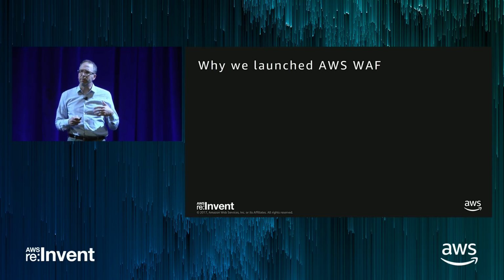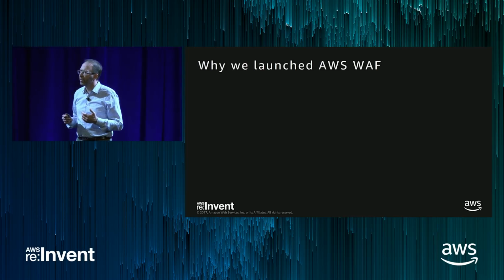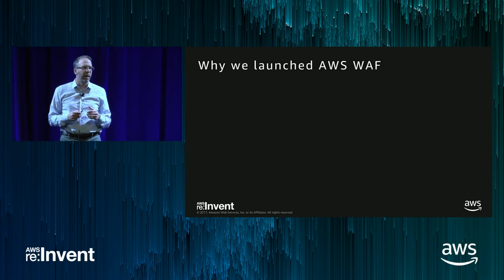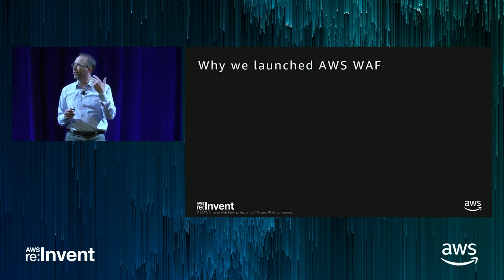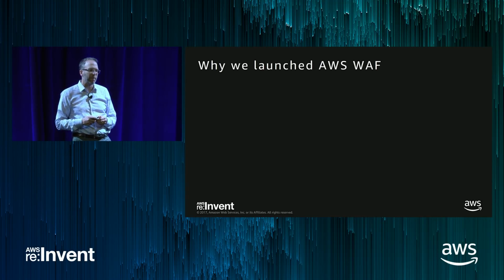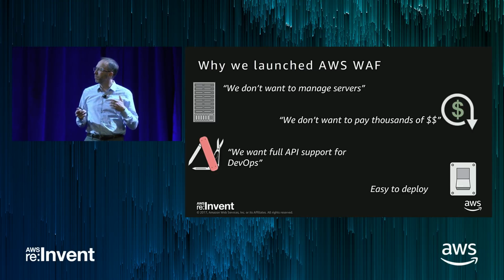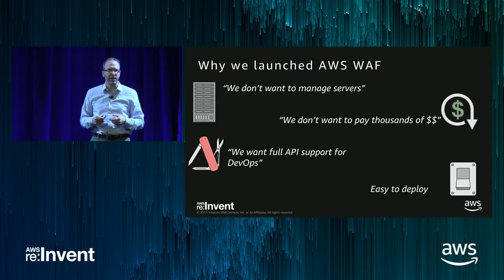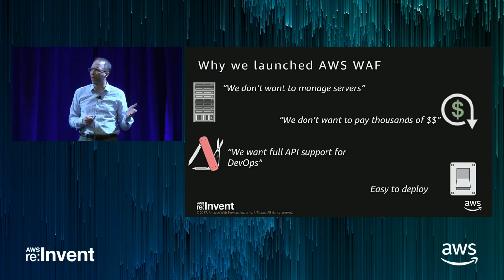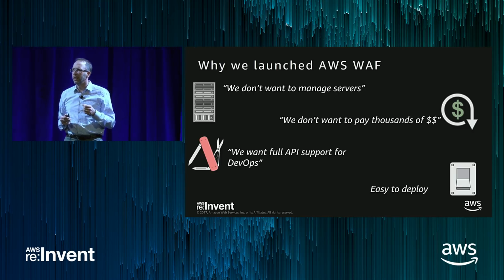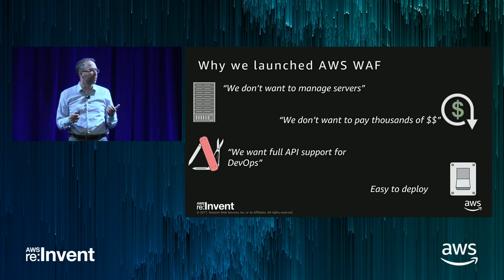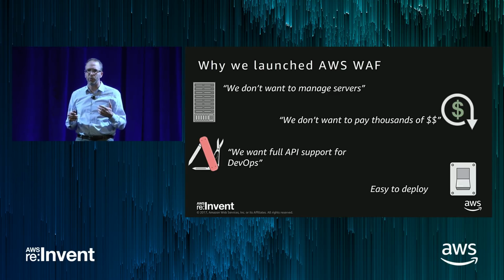And I want to give you a sense of why we launched AWS WAF to begin with, and then out of this, give you some context for this new managed rules release. So what we heard from customers several years ago, before we launched AWS WAF, and that was actually 2 years ago at re:Invent in 2015, was customers telling us, hey, we like a lot of the WAF solutions that are available on AWS, many of them provided by vendors who provide AMI-based solutions.